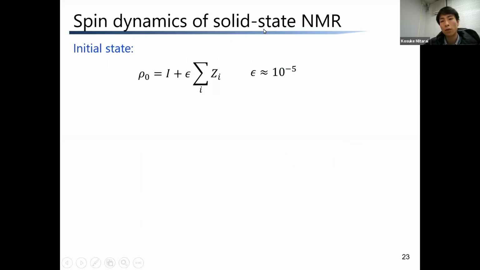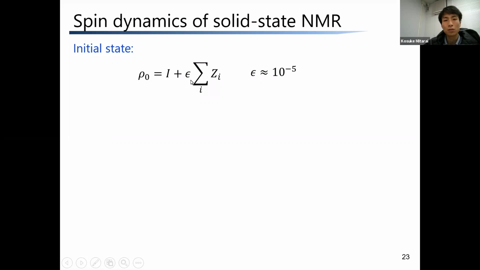So in solid state NMR, I will explain about the dynamics of the NMR. The initial state will be something like this, with this epsilon approximately 10 to the minus 5, which is really low. And this is the disadvantage of the initialization. This is the initialization problem in the NMR experiments.